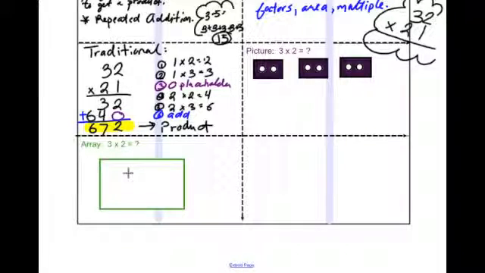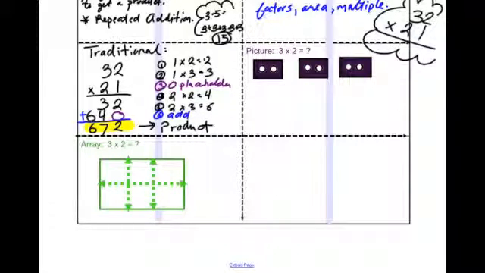So if I want to use an array or the concept of area to solve my multiplication problem, I'm going to choose one of my digits and make the side length of my rectangle that value. So I'm going to start with the 2. So I'm going to divide my rectangle horizontally into 2 equal parts. The other factor is 3. So I'm going to divide my rectangle vertically into 3 equal parts.